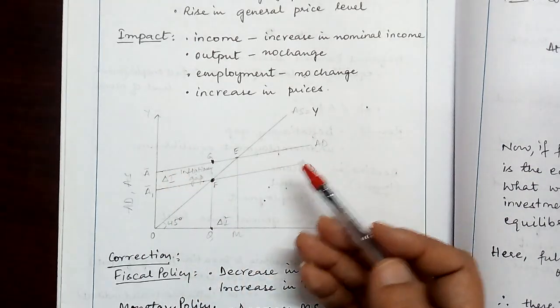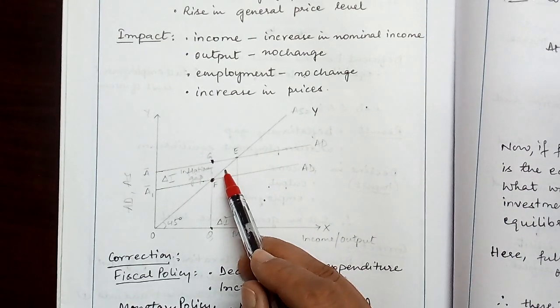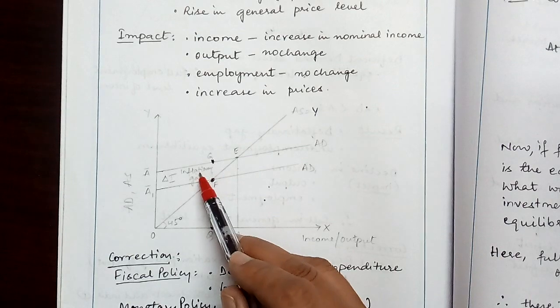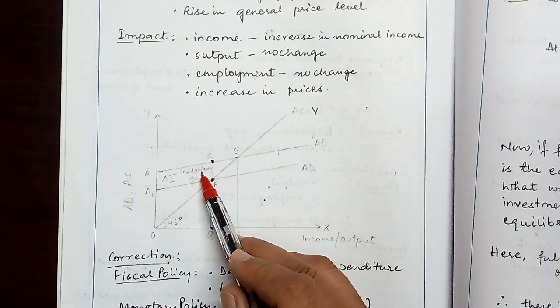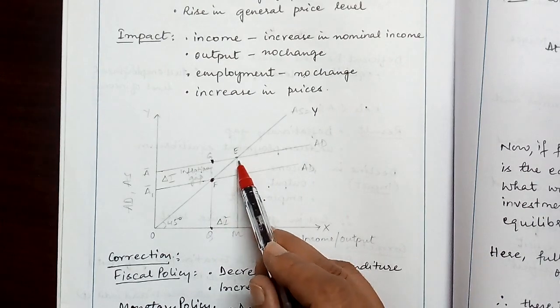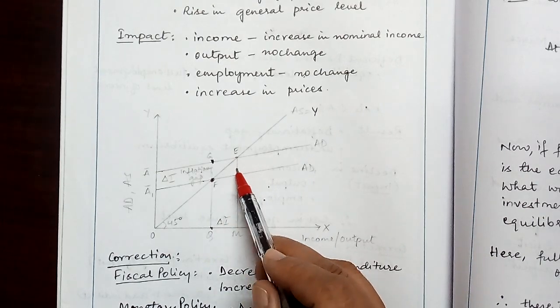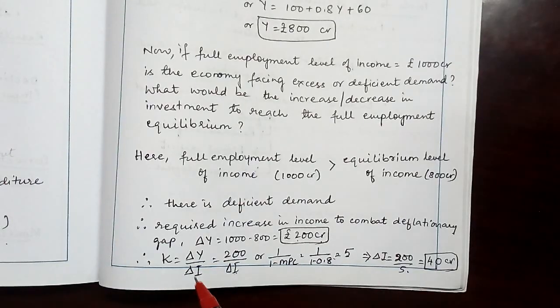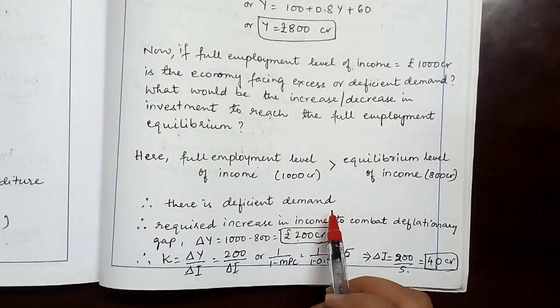Since we are talking of deflationary gap, we learnt it is to the right of the AS curve. Inflationary gap will be to the left of the AS curve. So in this problem we are facing a deficient demand, that is this side.